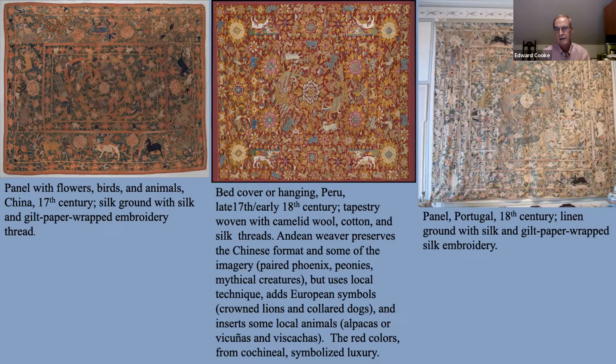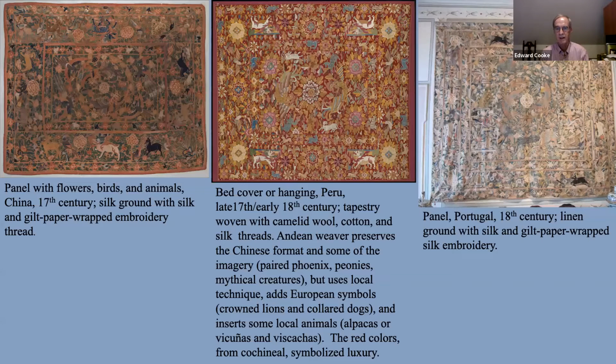And so with tapestry weaving, with not silk, but with camelid wool, with cotton, and then a little bit of silk thread that was oftentimes simply not produced locally, but actually was imported, oftentimes unraveled from imported textiles. So the camelid wool comes from the mountainous part of the Andes, and the cotton from the dry coast of Peru and Ecuador.